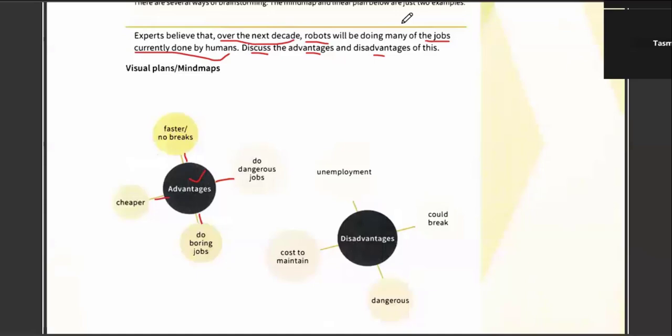And it's very dangerous because robots can malfunction anytime. When they malfunction, what will happen, or how they can react, we have no idea. Lastly, the maintenance cost is very high. Even if they don't have to pay salaries to the robots, their maintenance cost will be very expensive. So these are the disadvantages.